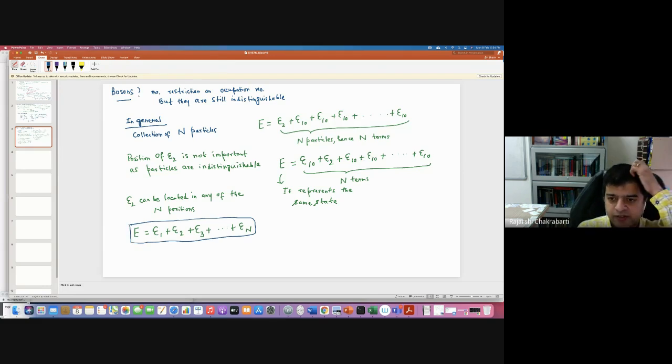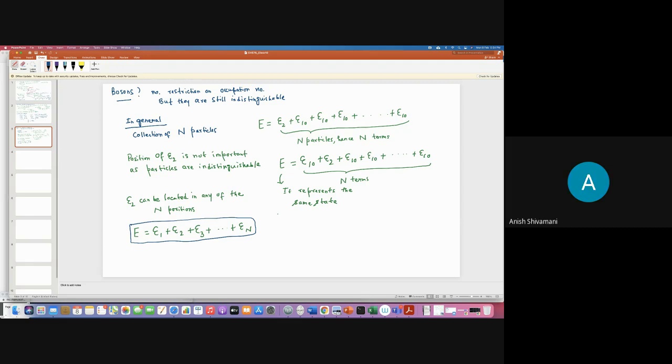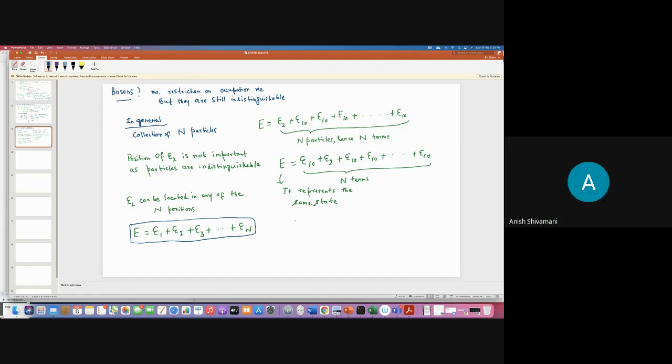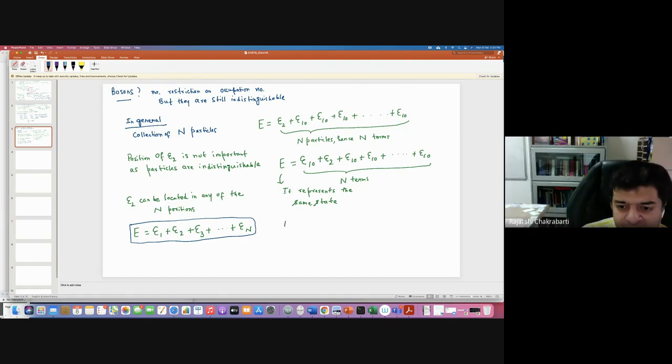Now I cannot distinguish these particles. How many ways can I write this down? If one particle can be arranged in n places, then how many arrangements are there? Not n to the power n, just factorial. Think about it. N factorial, yes, it has to be n factorial, isn't it? There are n factorial possible permutations.